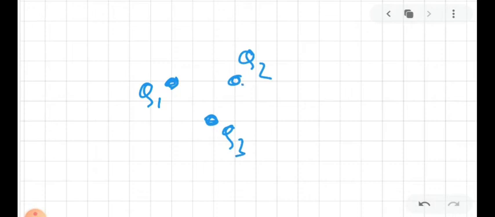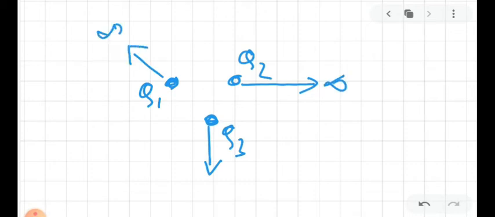Disassembling means you take them apart to infinity from wherever they are standing right now. They are standing at these 3 points, and if you mean to disassemble, you want to take them away from their positions to infinity. That's what disassembly means, just like getting them unbound. You can use the same term here also.